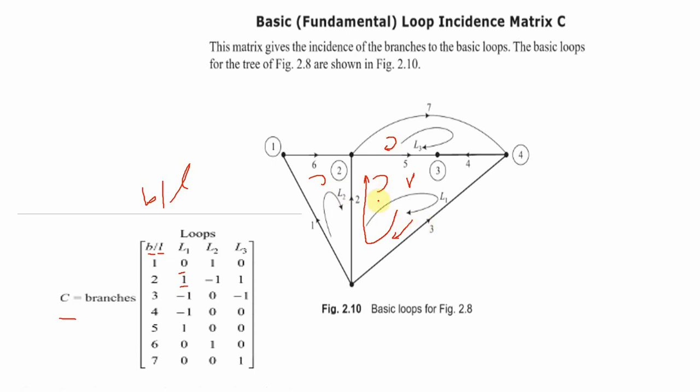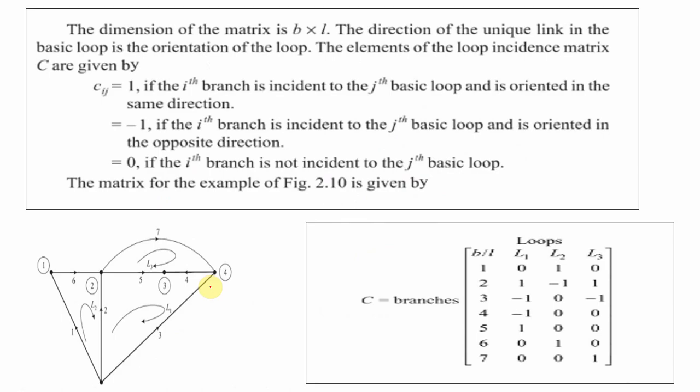Now 3, this loop is looking like this. So 5 is also positive, and 4 is opposite, so it is -1. Now it is like this, so it is opposite, so it is -1. So similarly we apply this here and find the loop incidence matrix. Similarly here also, the loop incidence matrix.